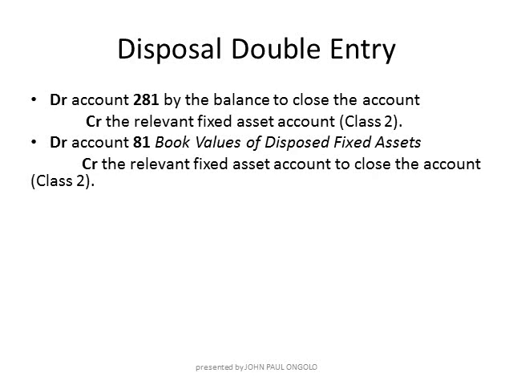If that's not the case in your given situation, then there might be an error in your double entry calculations. So with this double entry, we have closed the fixed asset account, we have closed the accumulated depreciation account, and we have carried that balance into account 81, book values of disposed fixed assets.